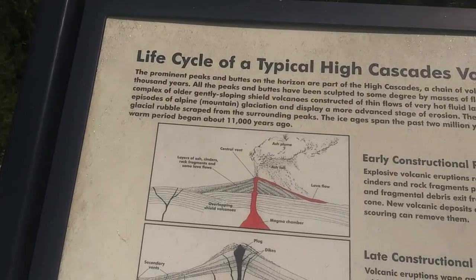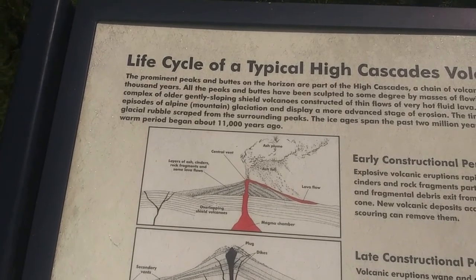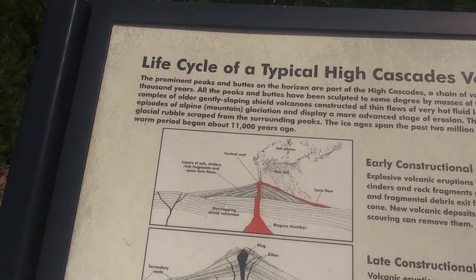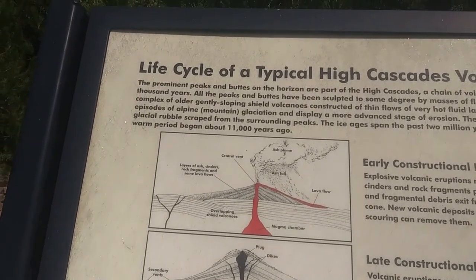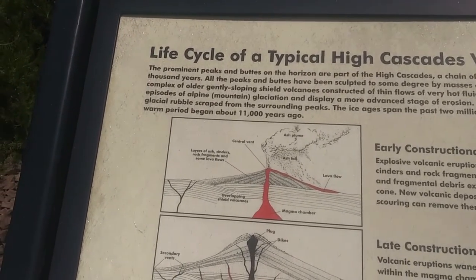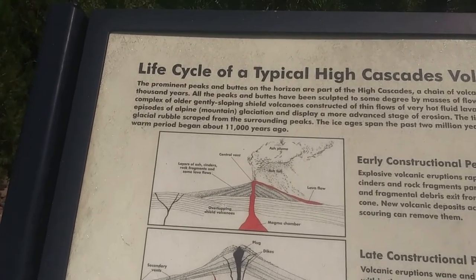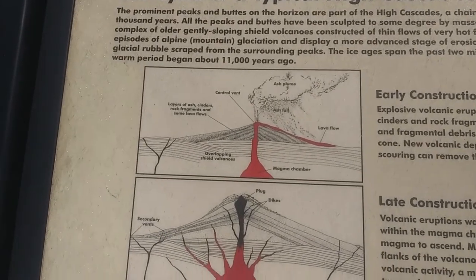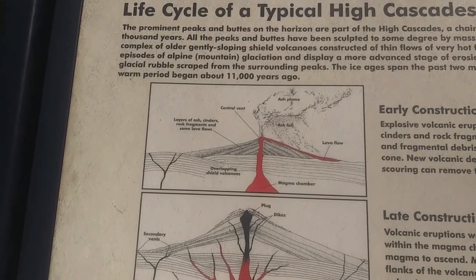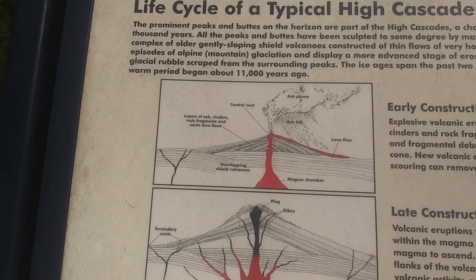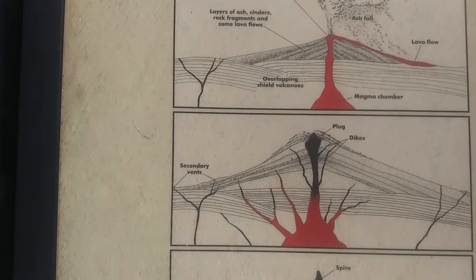Volcanic eruptions wane and erosion becomes more evident. Strong pressure within the magma chamber creates additional passageways for magma to ascend. Magma that reaches the surface tends to exit on the outer flanks of the volcano, forming small cinder cones. Near the final stages of volcanic activity, a massive plug of solidified lava is pushed upwards by tremendous pressure and shoved into the upper part of the vent.